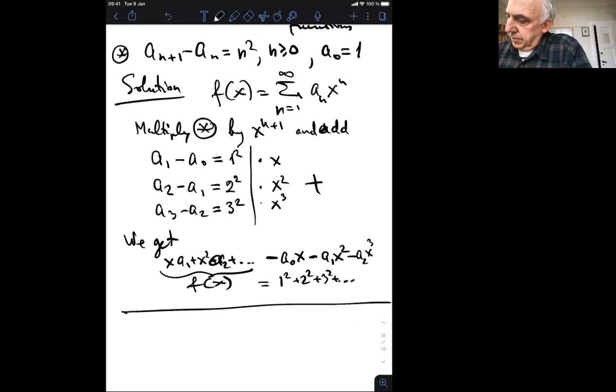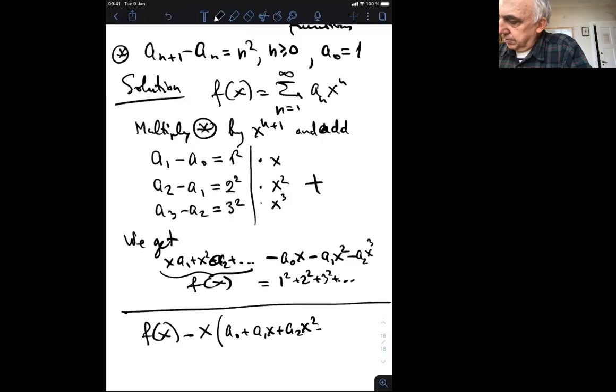So we have f of x minus, first of all we have to factor out x from the second thing, and then we'll be getting a0 plus a1 x plus a2 x squared, and so on. This should be equal to the sum, k from 1 to infinity.